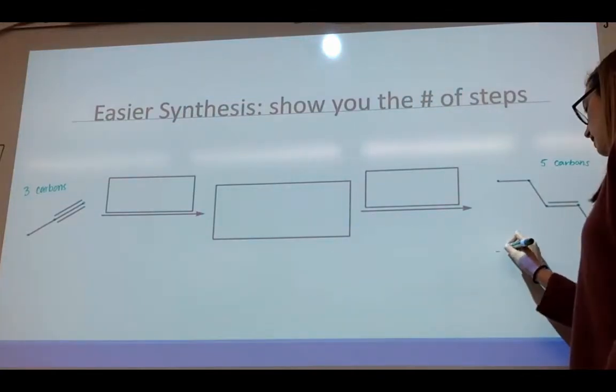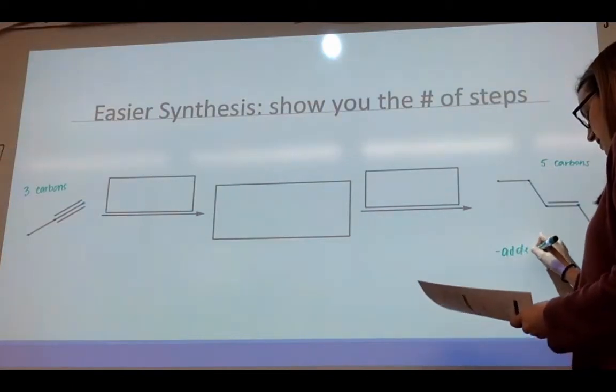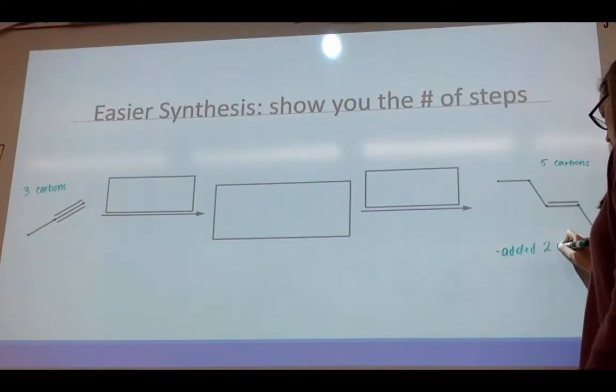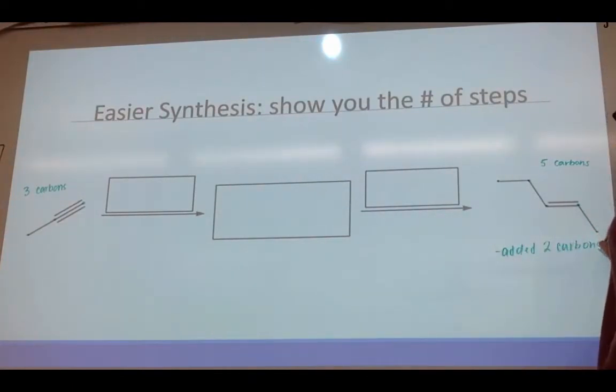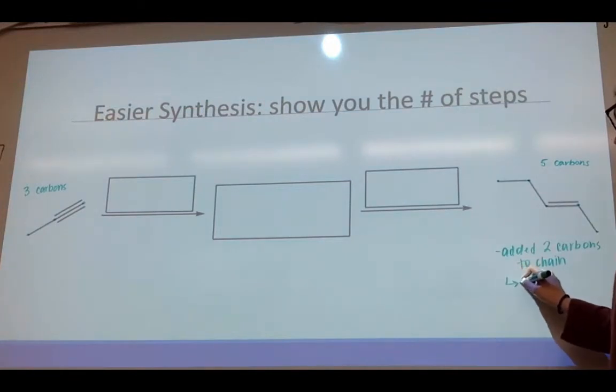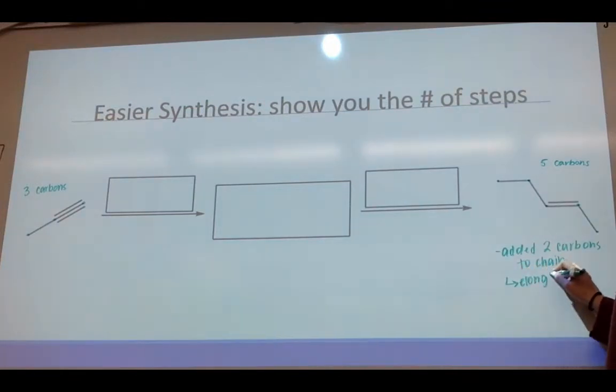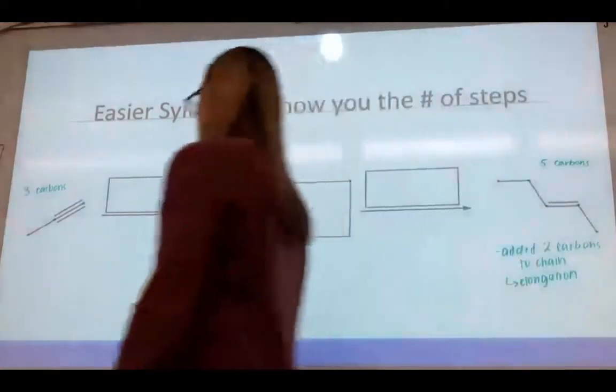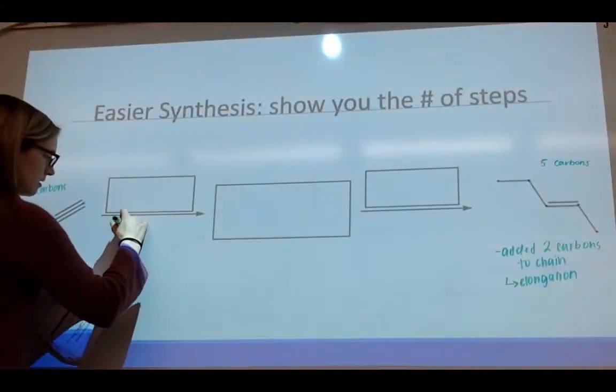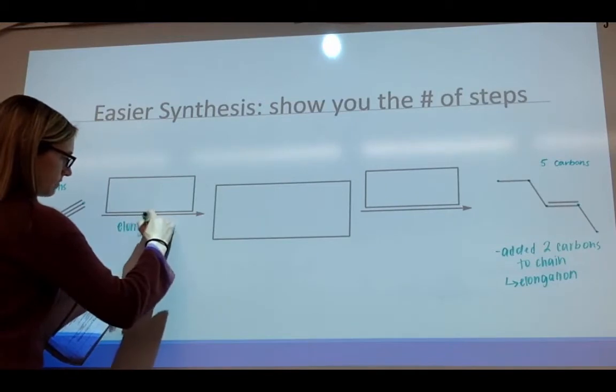So down here, I'm just going to say added 2 carbons to the chain. If you are adding carbons to that chain, elongation must happen first. So this means that it's undergoing chain elongation. Now we come back here, so we know this is going to be chain elongation.